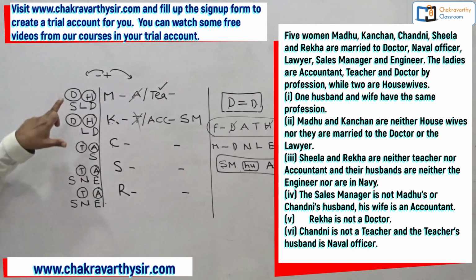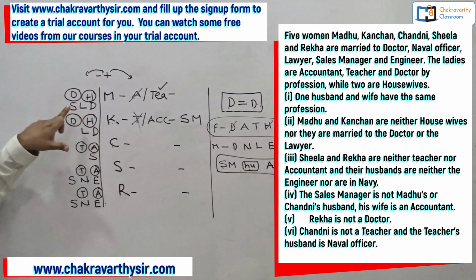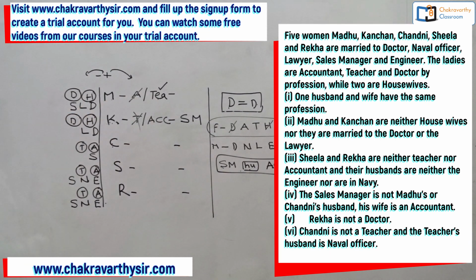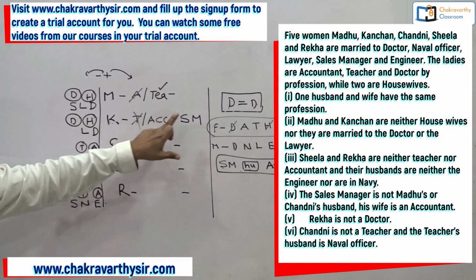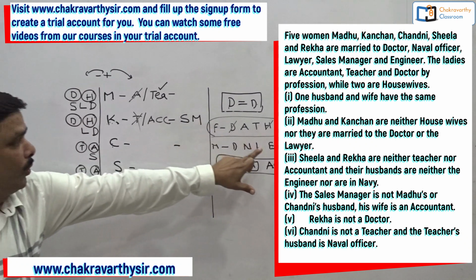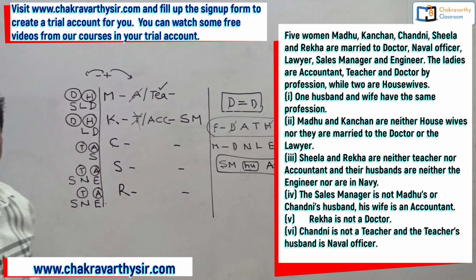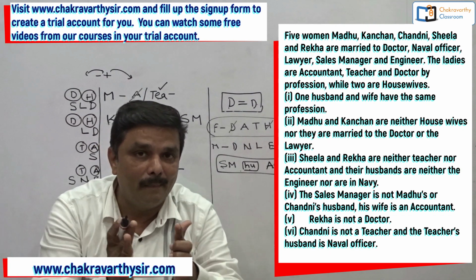Very simply, we found out that Madhu is not an accountant because of this and this information. When she is not an accountant, she must be teacher. When she is teacher, Kanchan must be accountant. For accountant, husband is sales manager. Only one sales manager. For that reason, for this lady and this lady, sales manager is not the husband. Over. This is how you need to correlate the data.